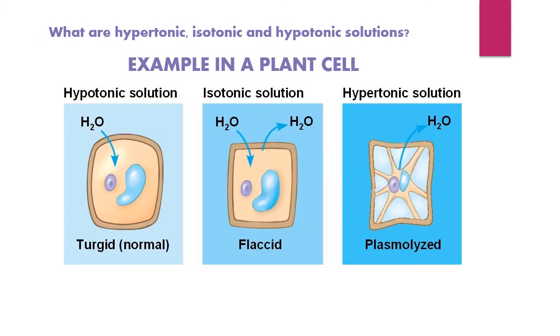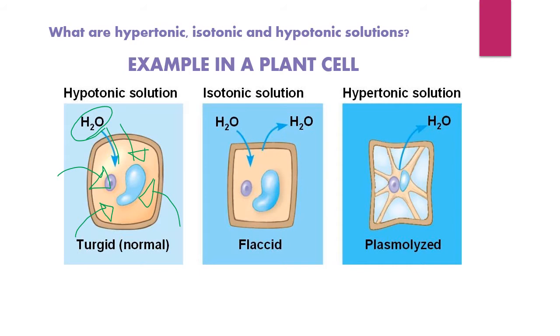Example in a plant cell: it becomes turgid when the water fills the cell from the inside, keeps entering the cell from all directions, because outside it is high water potential, but inside it is low water potential, so the water moves from the outside area to the inside area.